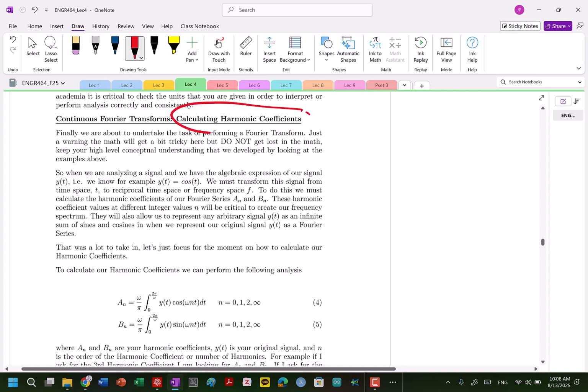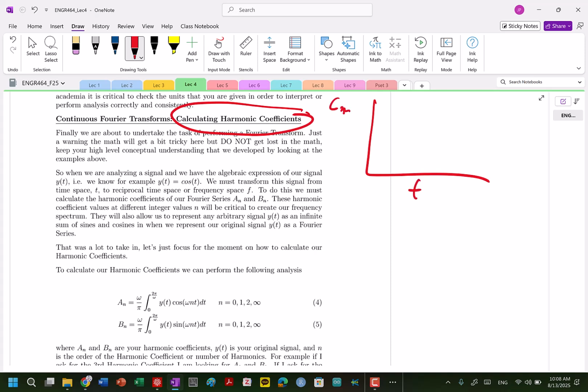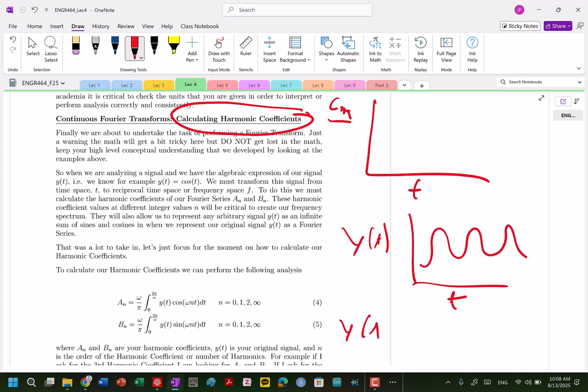One of the key things, and you see me plotting what's called a Fourier spectrum. This C of n is basically the harmonic coefficients. The key idea is we are going to take that time varying signal and approximate it with a Fourier series that has basically an infinite number of harmonic coefficients, which we'll rewrite as a sum of sines and cosines.